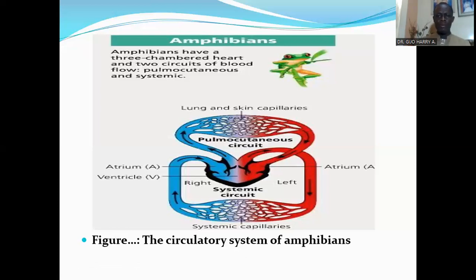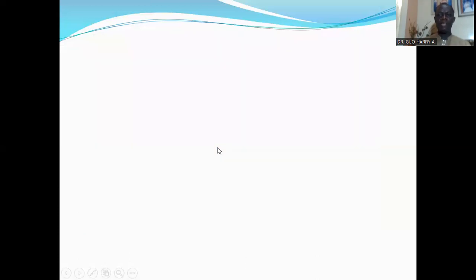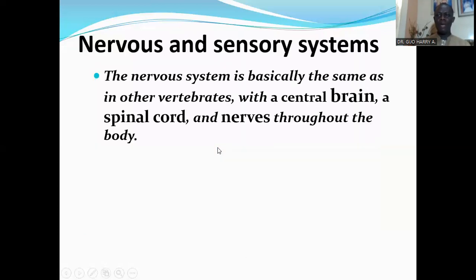And then the movement of the oxygenated blood from the heart to the body and back to the heart is called the systemic circulation or the systemic circuit. So they have these two circuits, and take note they have a three-chambered heart instead of a four-chambered heart, having two atria and one ventricle.